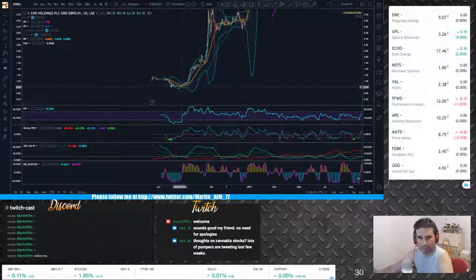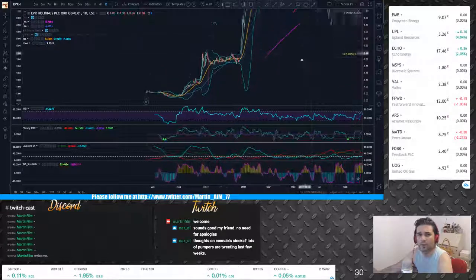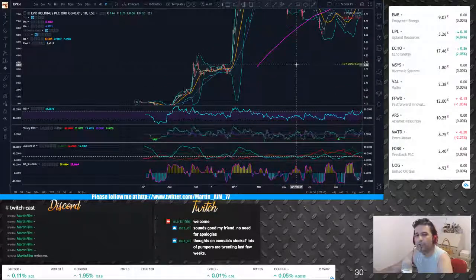So as you can see, there's the dip there. It happens in a matter of a few weeks. This is 2 months. But look at other stocks and analyze them the same way. I totally believe that cannabis will be a very good area to get into.